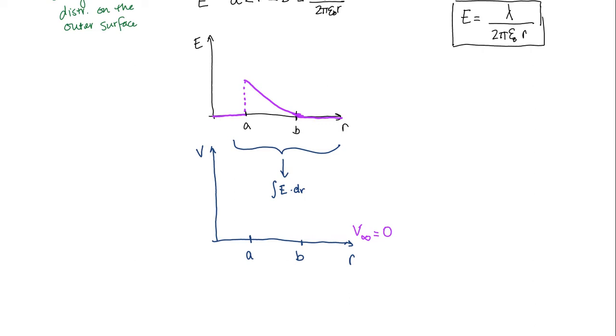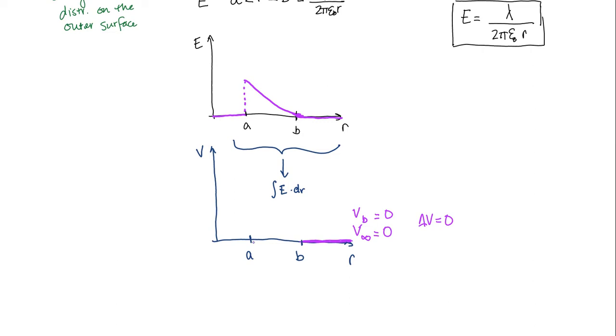Now if there's no electric field outside of B, then there can't be a potential difference outside of B. And if the electric potential at infinity is 0, then the electric potential at B needs to technically be 0, because there can't be a difference, right? Delta V has to be 0. And so we should have a function that has just 0 across here from B to R.